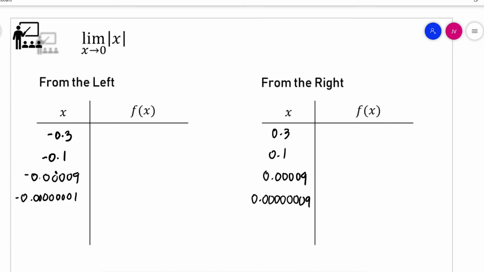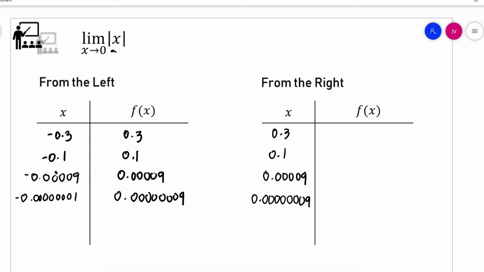So as we substitute the value of our x doon sa ating function, absolute value of x, ang negative ay nagiging positive kasi nga absolute value of x. So this is same, 0.3, 0.1, 0.00009, and we have your 0.000000009.